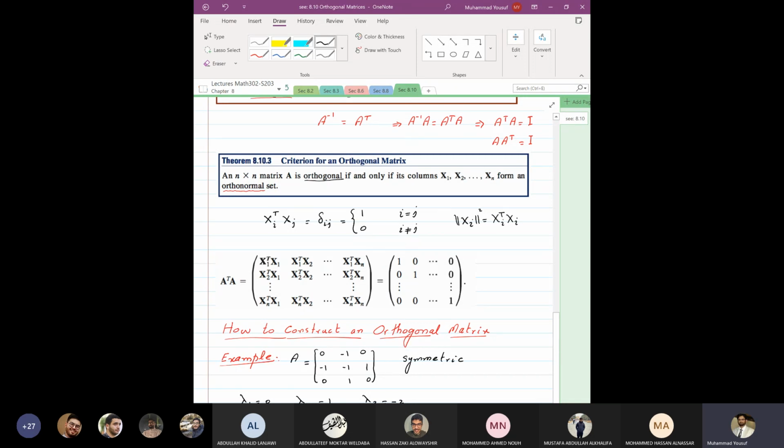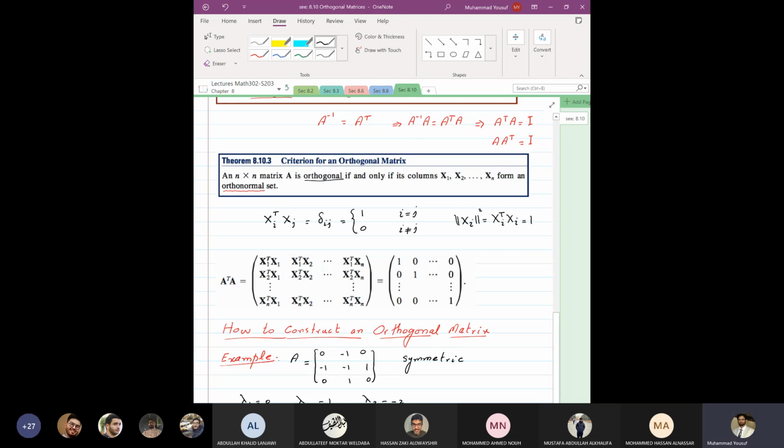When we take the dot product of a vector with itself, it is the magnitude squared. And for these columns, xi transpose multiplied by xi is the norm squared, and it should be equal to 1.